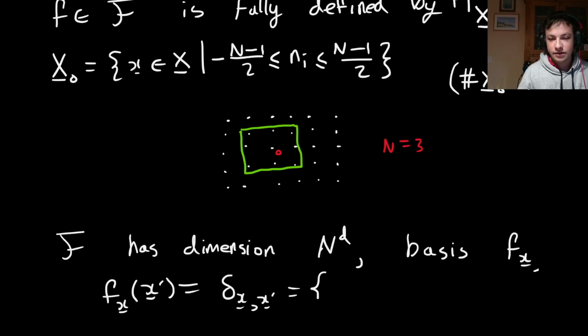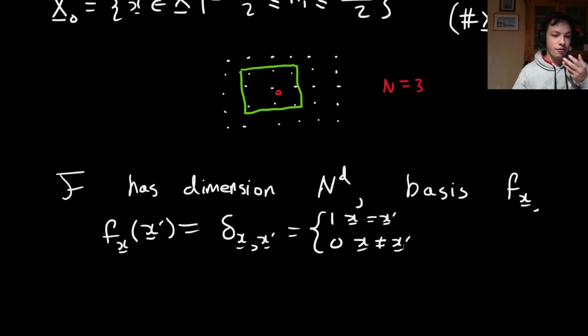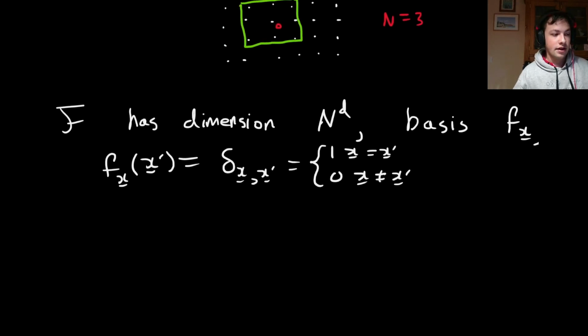So it's 1 if they're equal and 0 if they're not. So we've got one of these functions for each x in x naught. So we've got n to the d functions, they form a basis.